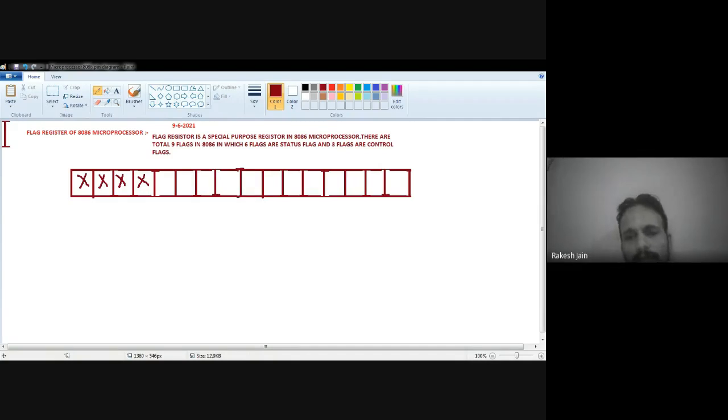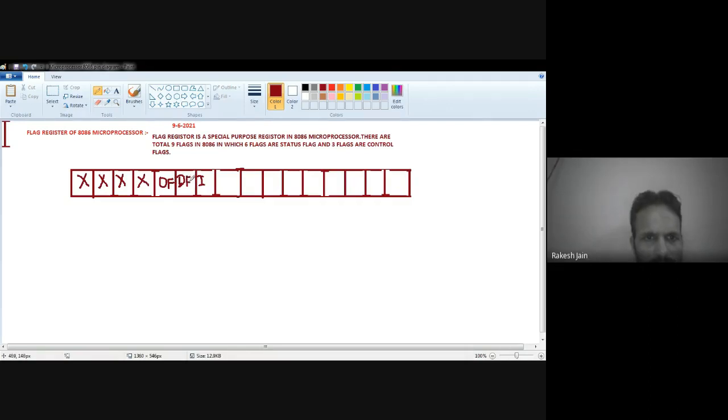Now the next one is the control flags first of all. The direction flag, overflow flag, and interrupt enable flag can be denoted as O, D, and I. Because we talk about flags, I write F for the abbreviation.